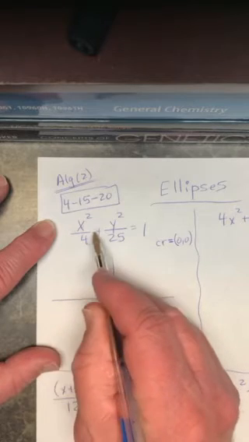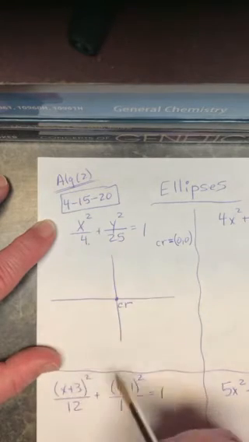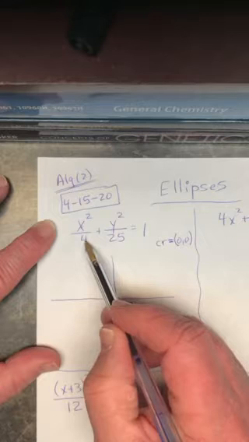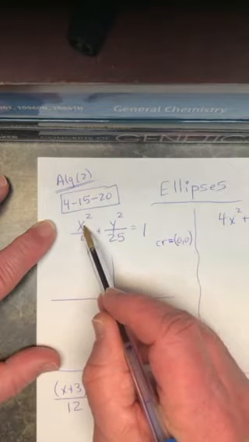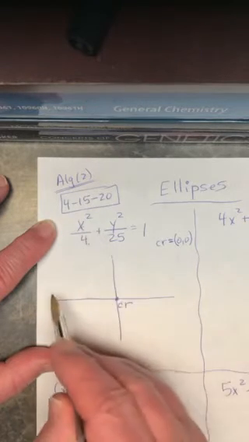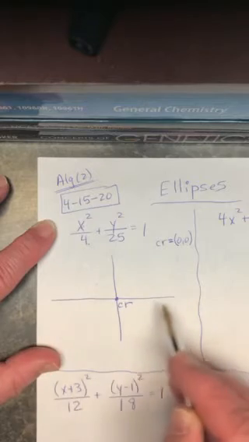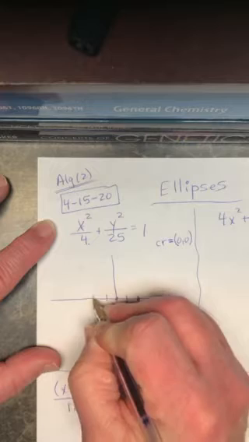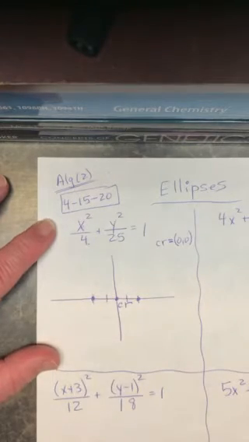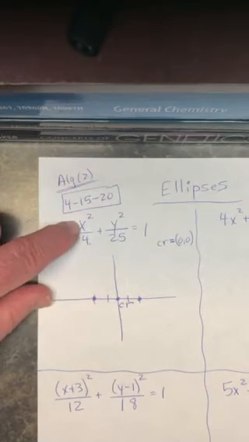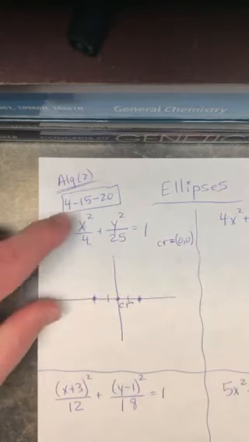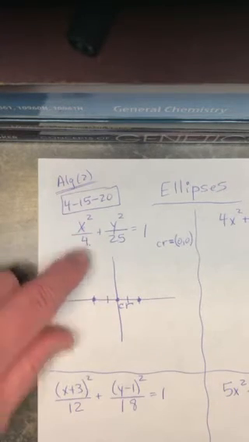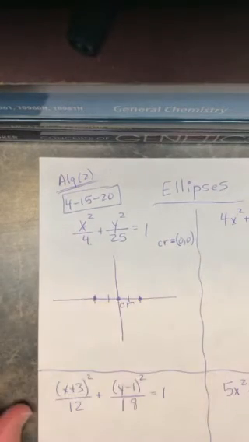Do you agree the square root of 4 is 2? Oh, and since that's under the x squared, and the x-axis runs left and right horizontally, that tells me to go right 2 and left 2. So again, since the x squared runs left to right, and the x squared has a 4 under it, I go right 2 and left 2.